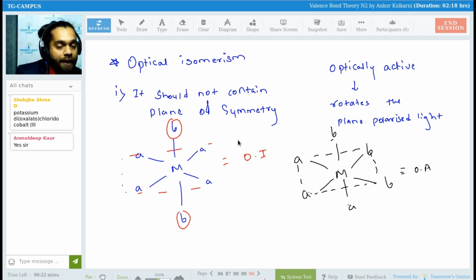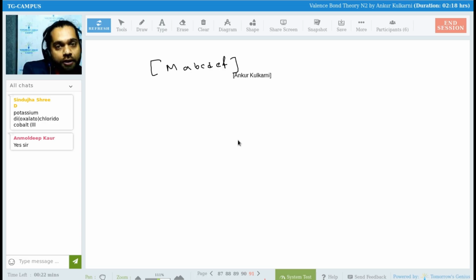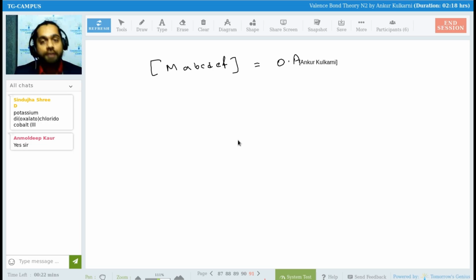Even compounds where all of the ligands are different, M, A, B, C, D, E, F, even this will be optically active. Are you getting it?